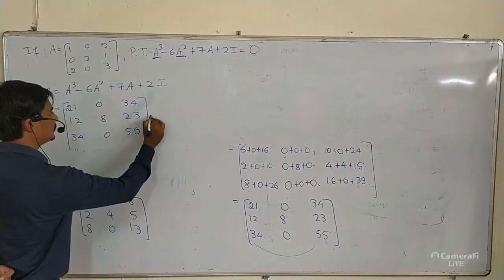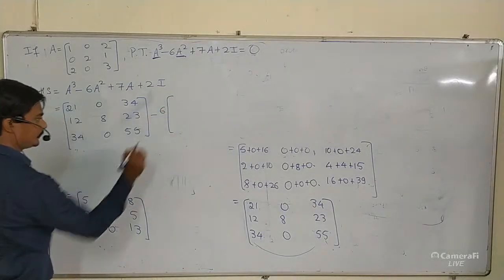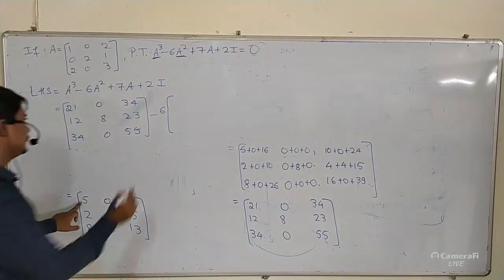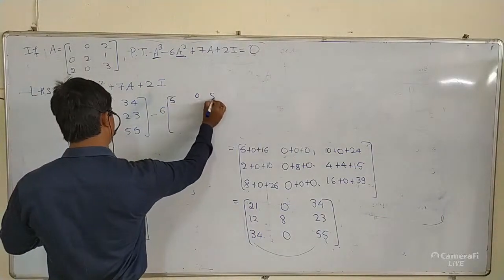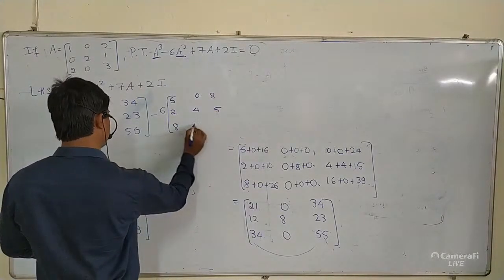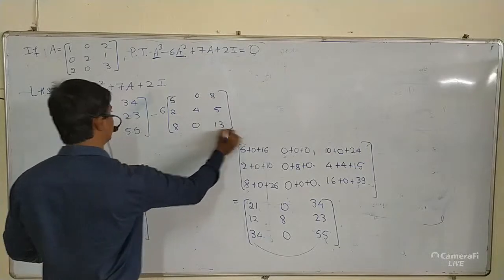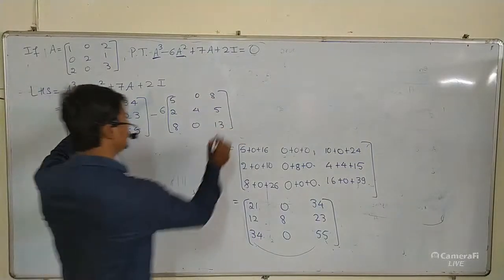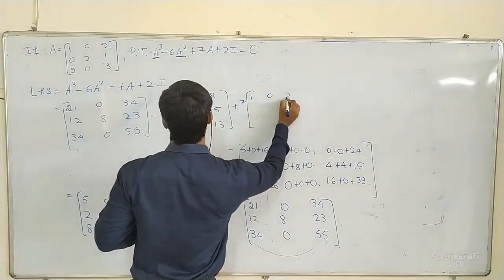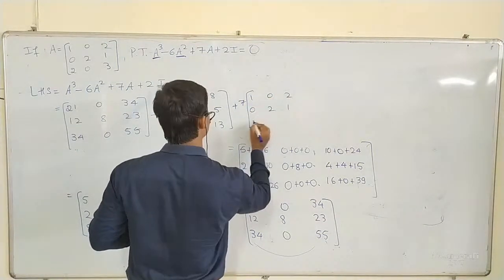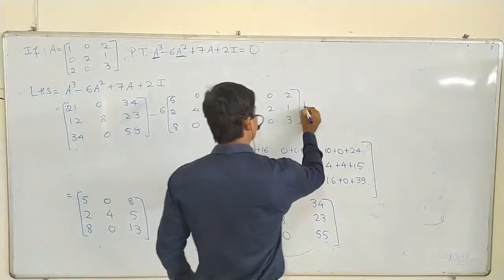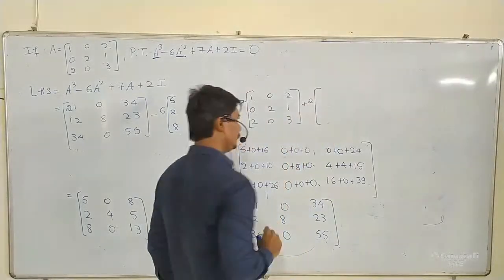This is A cube, minus 6 into A square 5, 0, 8, 2, 4, 5, 8, 0, 13, plus 7 into the A matrix 1, 0, 2, 0, 2, 1, 2, 0, 3, plus 2 into the identity matrix.